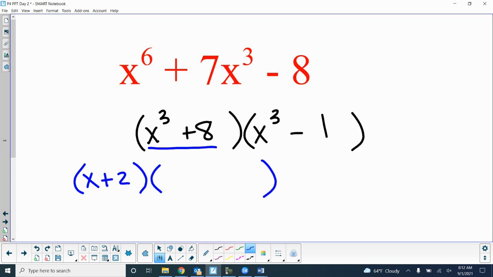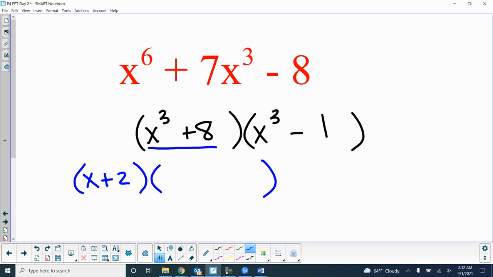Cube root of both of those, right? Oh, I forgot that. My bad. There. What goes in the front of this? X plus 2?